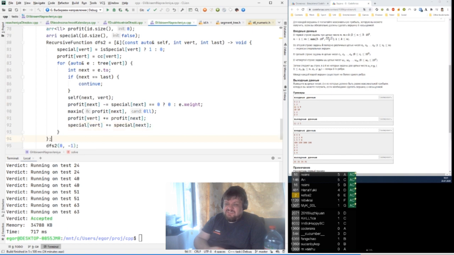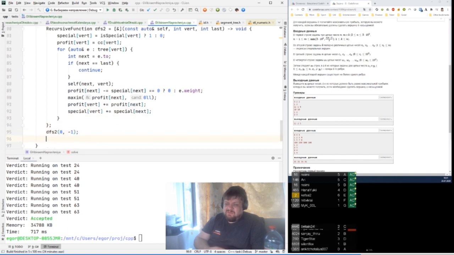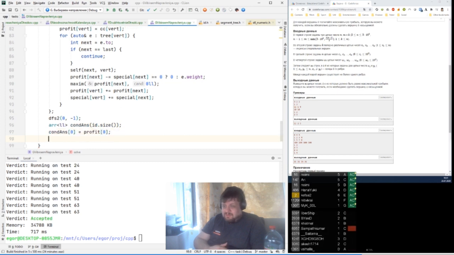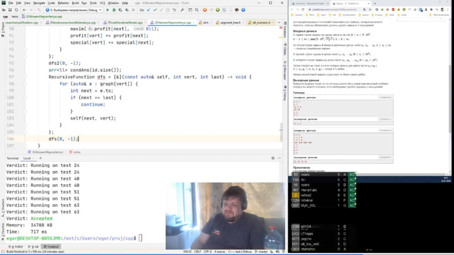So I changed it just a little bit, and I now use freopen to redirect input. But otherwise, it's very close to the basic version.